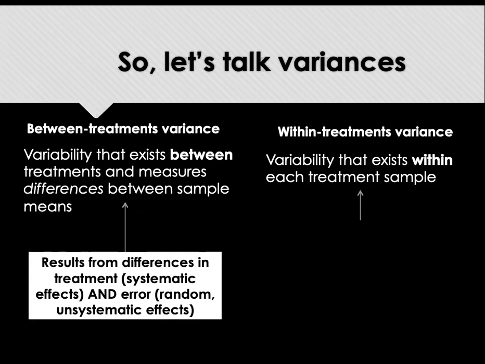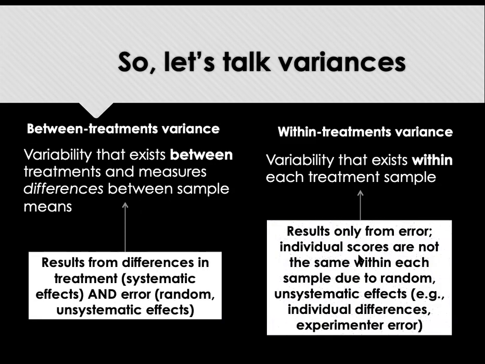It can come from the difference in the treatments themselves. So it could be that treatment 1 really truly is different than treatment 2, right? Art and play therapy have different effects on anxiety. But also built into that variance is error. Okay, there's some sampling error that goes in there as well.